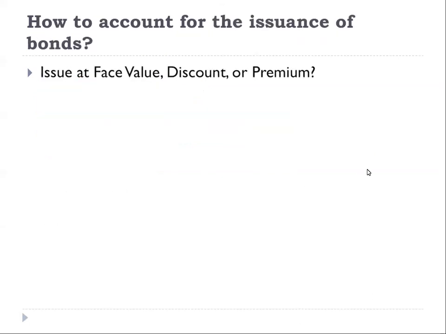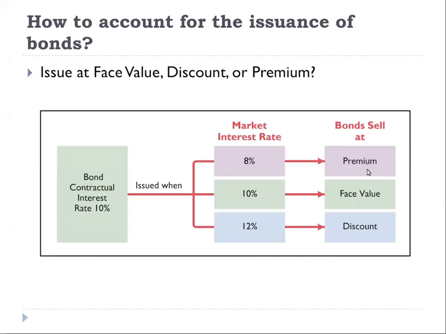So how to account for the issuance of a bond? A bond can be issued either at face value, at a discount, or at a premium. What do we mean here? Suppose the face value of the bond is $1,000. If a bond is issued at face value, it means that when the firm issues this bond, it's getting $1,000.